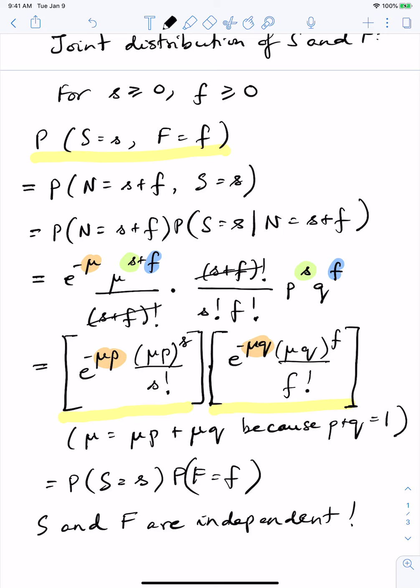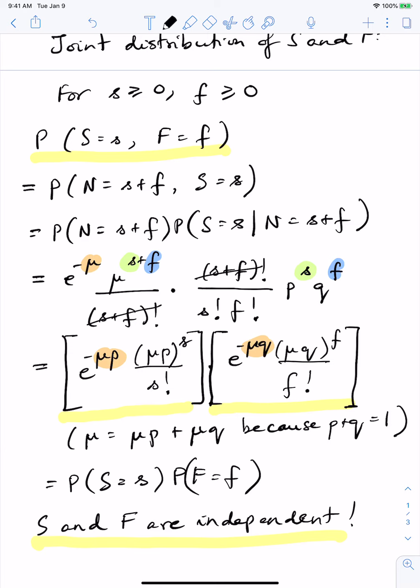The number of successes is independent of the number of failures. If I tell you in this situation that there were 60 successes, you cannot tell me anything more about the number of failures than you knew already, which is that it's a Poisson random variable with parameter mu q.